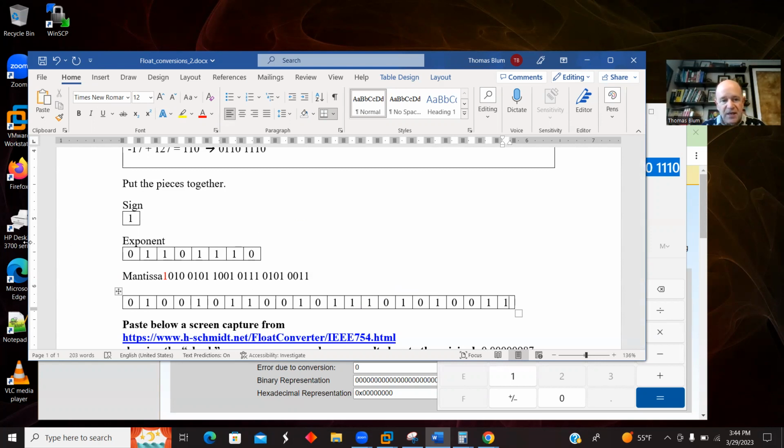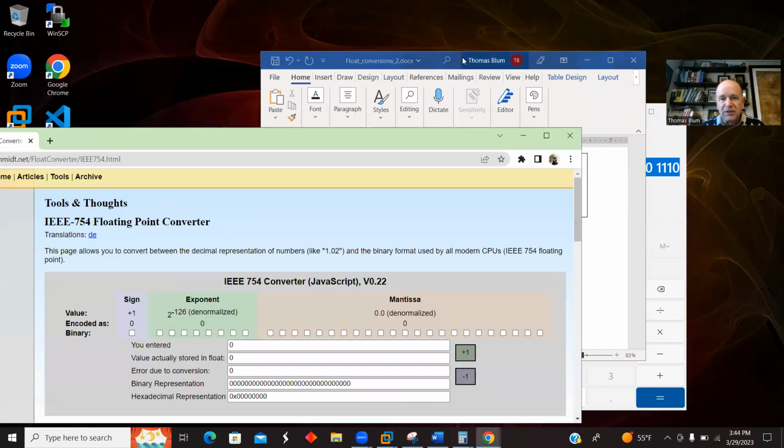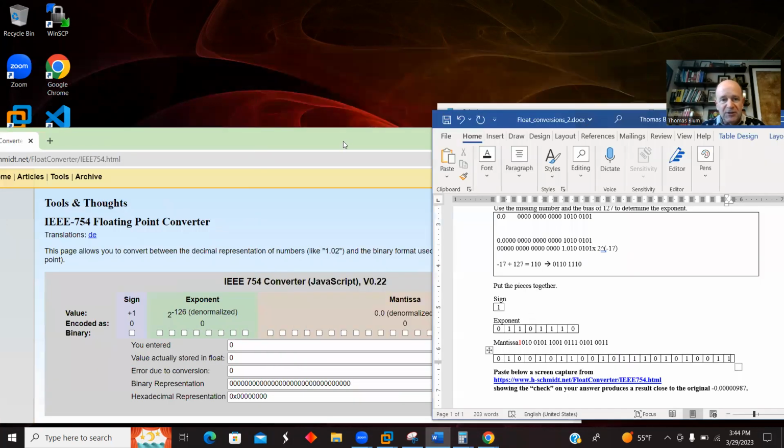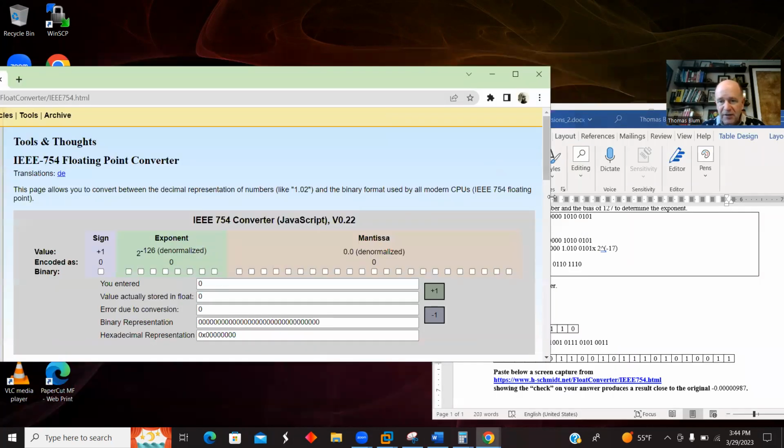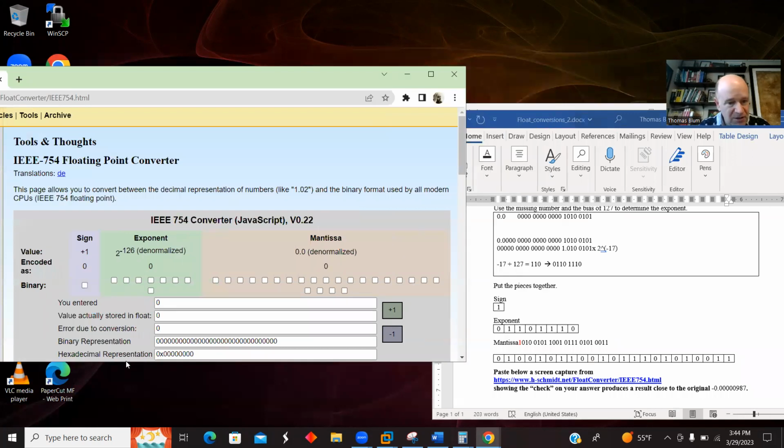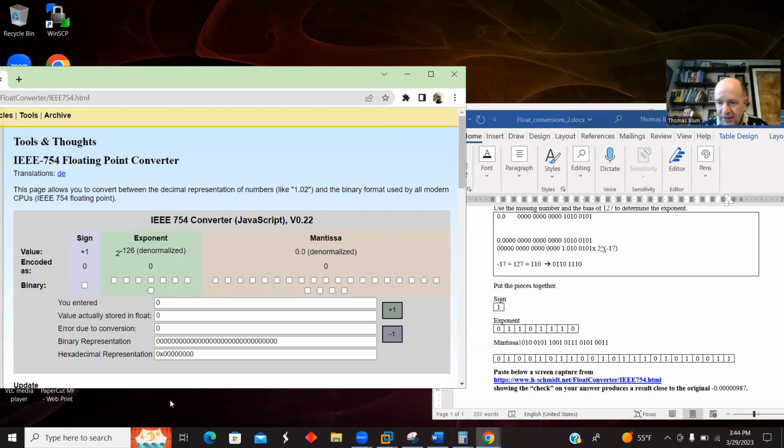I'm going to bring in this online floating point calculator for comparison. Let's see how I do. So my sign bit, it was negative, so sign bit is 1. The exponent was 0, 1, 1, 0, 1, 1, 1, 0.